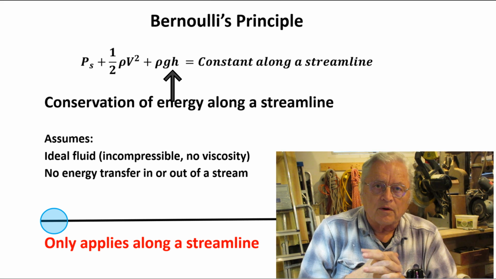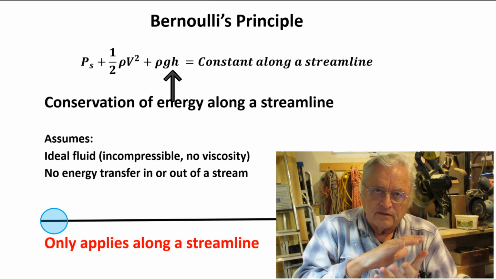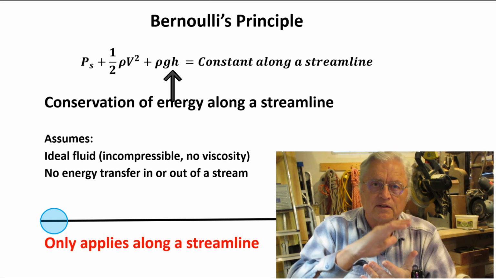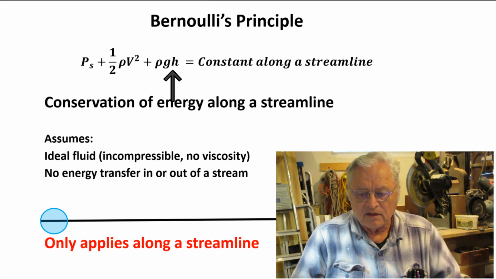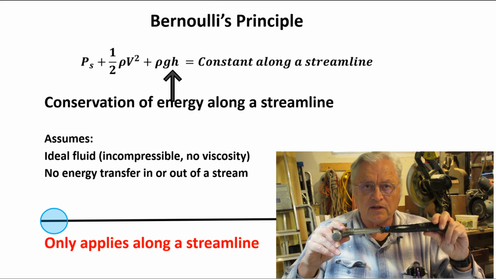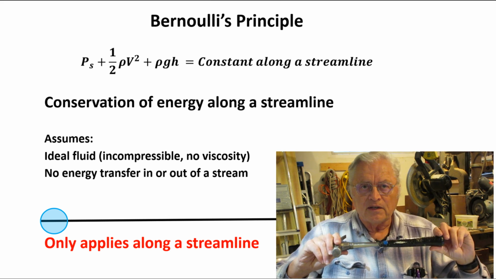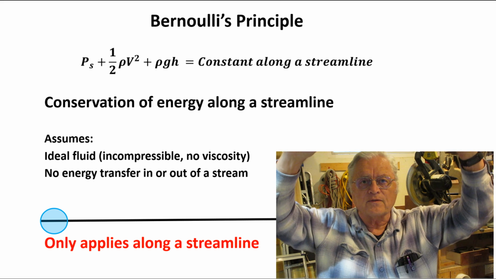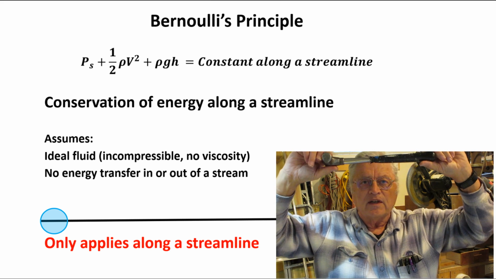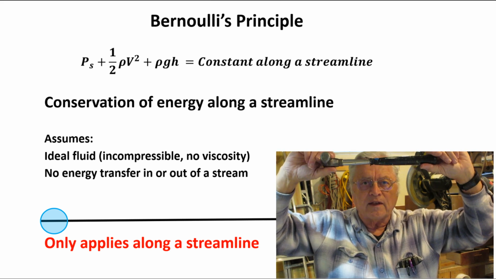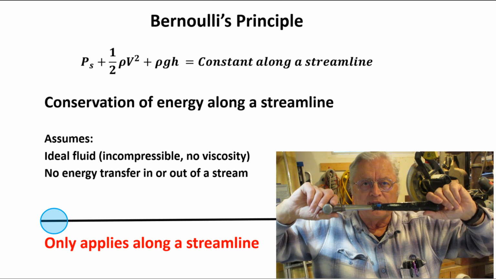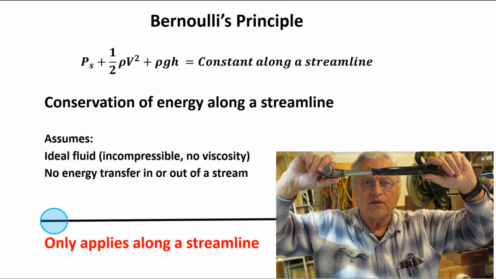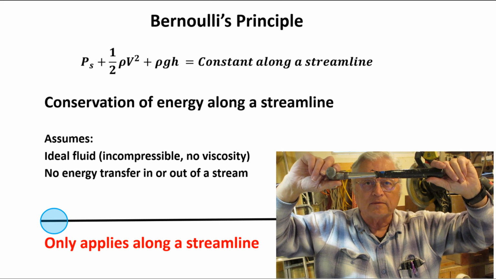The third term, rho g h, the density times acceleration of gravity times a height, well, that's just gravitational potential energy. So if I've got this hammer, as I raise it up, I'm applying a force over a distance, and I'm doing work on that hammer, and that work represents an increase in the gravitational potential energy, okay?